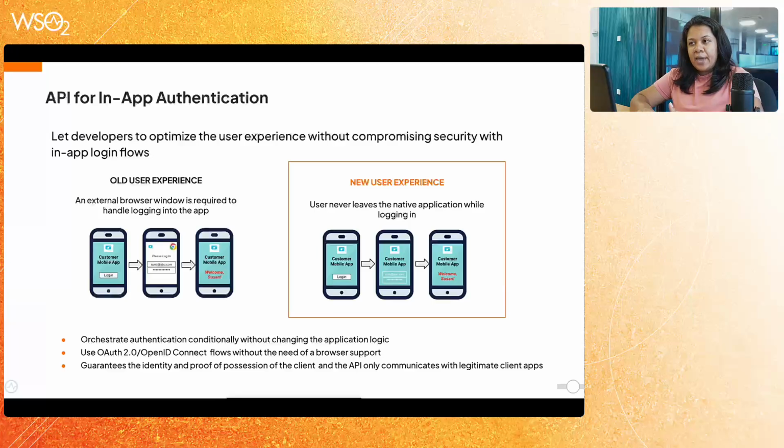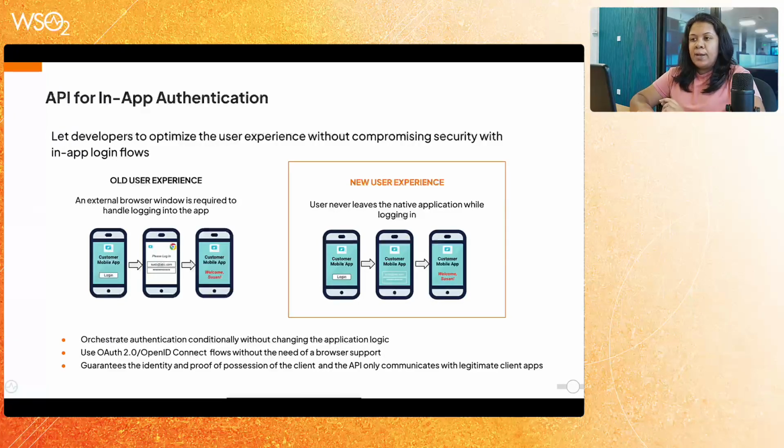And the app can just act on the authentication methods the identity server responds with, to prompt the user. The API is based on OAuth 2.0 and OpenID Connect flows without the need of browser support. And the community is already having discussions on addressing this problem on top of OAuth 2.0 and OpenID Connect, and we are aligned with that direction.